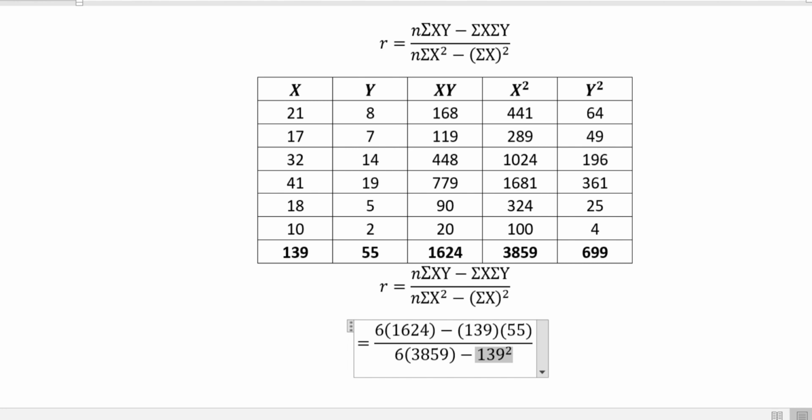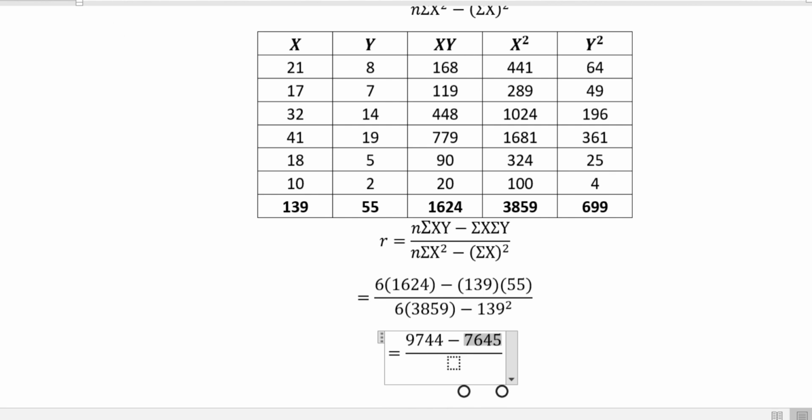Now, after we have substituted the values in the formula, the next thing is to simplify the numerator and the denominator. So on the numerator side, we shall have 9744 minus 7645, that being the product of this and this one respectively, all over 23,154 being the product of this, minus 139 squared gives us 19,321.